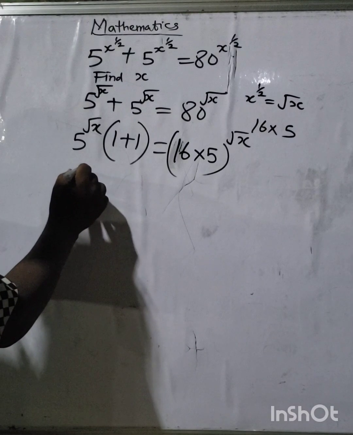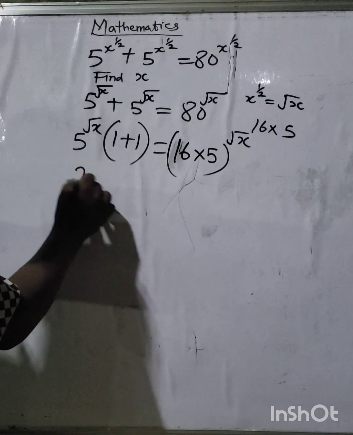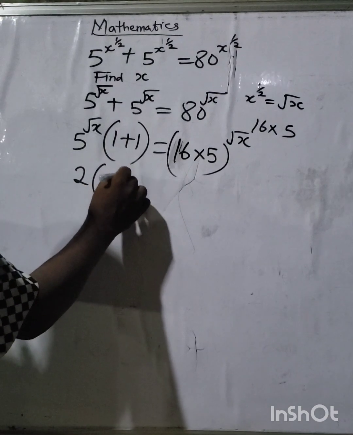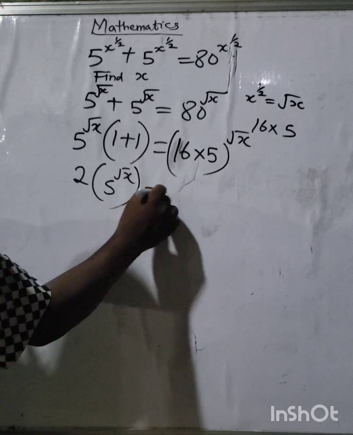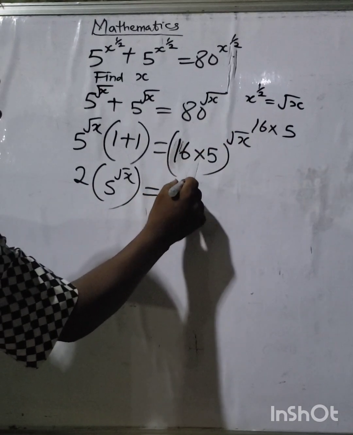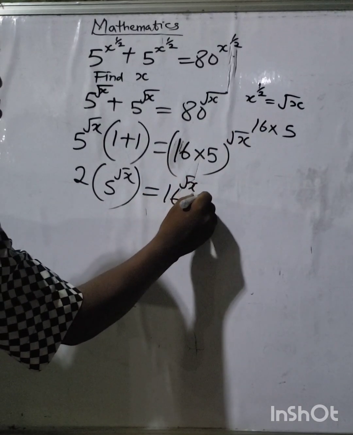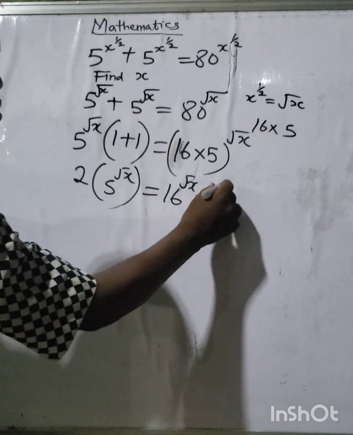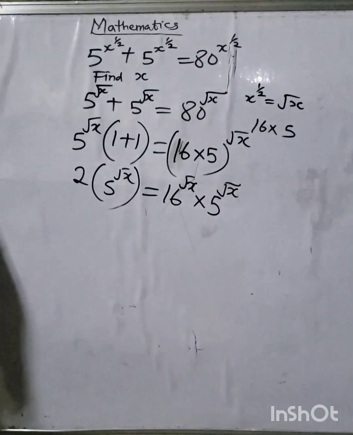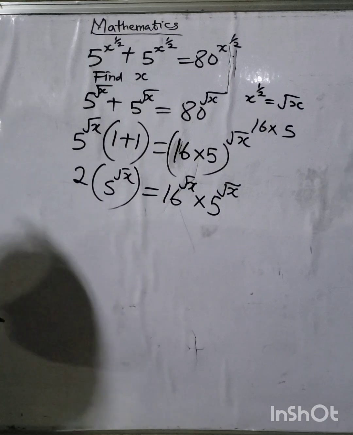This will become 2 times 5^√s equal to, now 16 can also be written as 16^√s multiplied by 5^√s, since they have the same power.